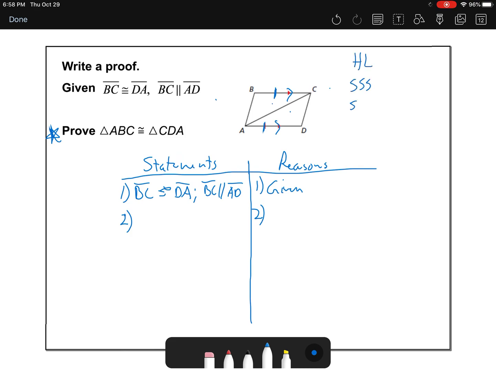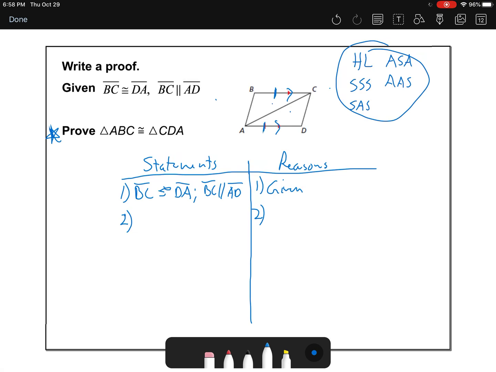Hypotenuse leg, side, side, side, side, angle, side, and angle, angle, side. 5, sorry. Did I miss one? Yeah, that's it, isn't it? 5 of them, not 6. So there are 5 ways to prove triangles congruent.